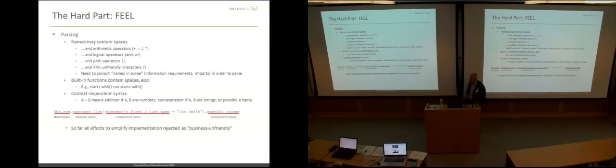So names of variables in FEEL can contain spaces. They can contain operators like and or. They can contain symbolic operators like plus and slash and star. They can contain XML unfriendly characters like apostrophe. They can contain periods, which are also used as path operators. What a mess. I don't know why they're so insistent on that, but that's been the case.